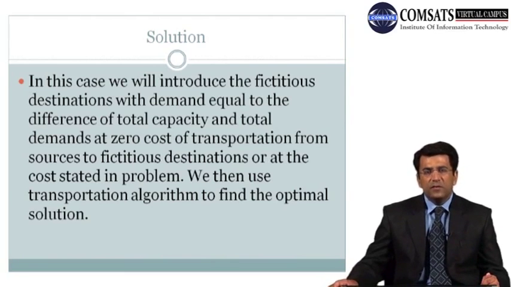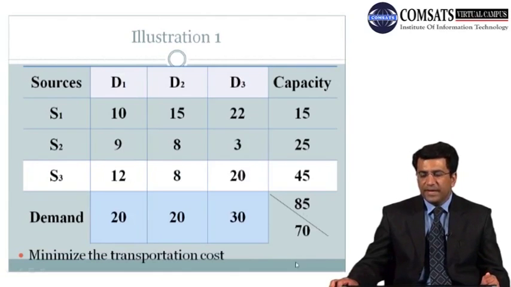So in this method, we will introduce a dummy demand destination in order to fill the gap between the supply and demand. You can see from this table that the difference between our supply and demand is 15, that is 85 minus 70 is equal to 15.